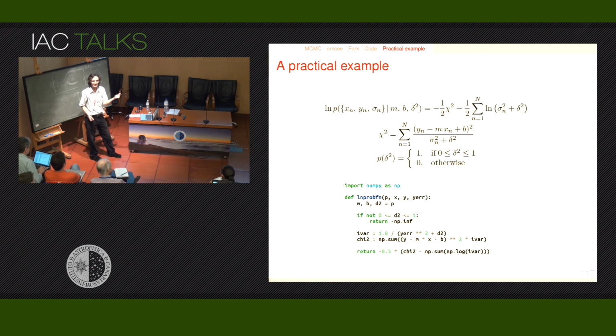We have to use MCMC, and we have to give it the full log posterior, so likelihood and prior. That's the likelihood, and then we've put a prior on delta squared that it's strictly between 0 and 1.